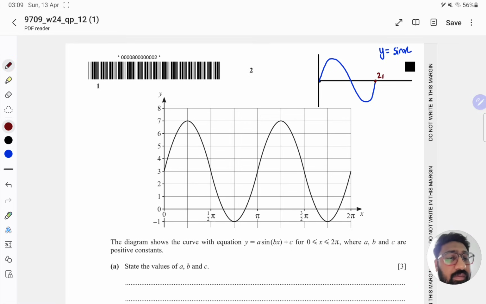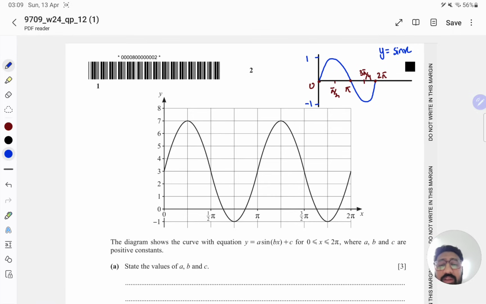This value is 2 pi, this value is pi, this is 0, in between it's pi by 2, and this is 3 pi by 4. The maximum value on the y-axis it can have is positive 1, and the minimum it can have is minus 1.